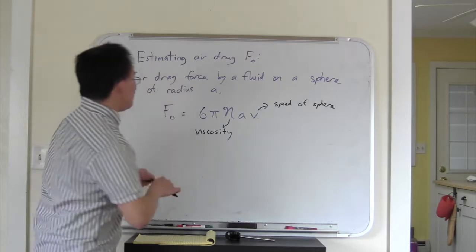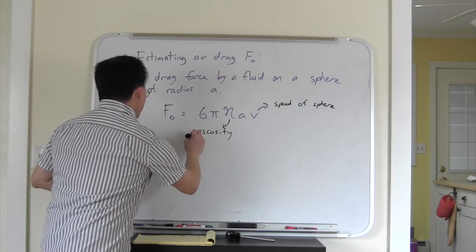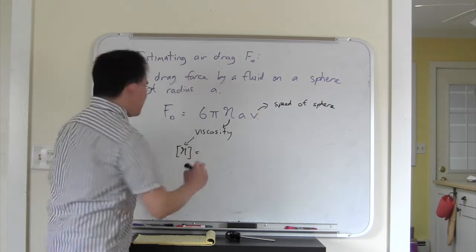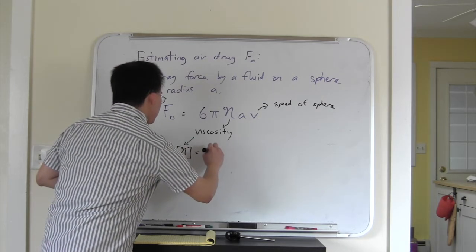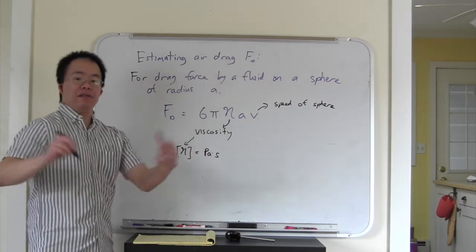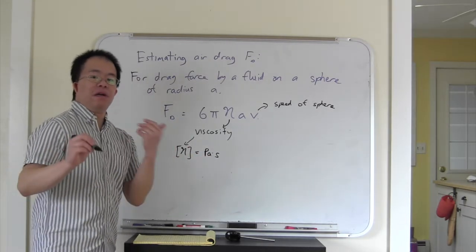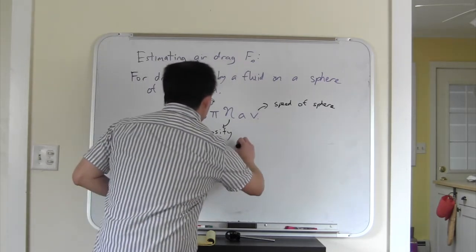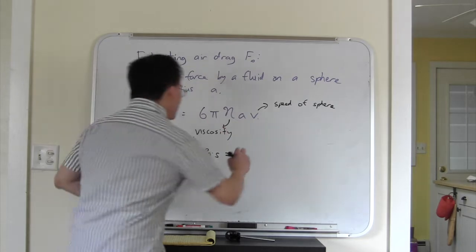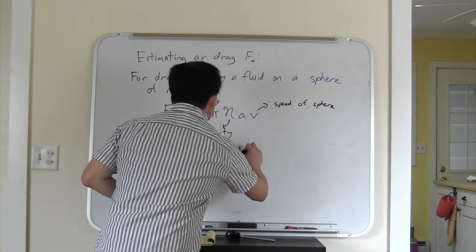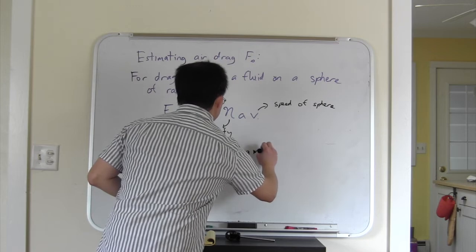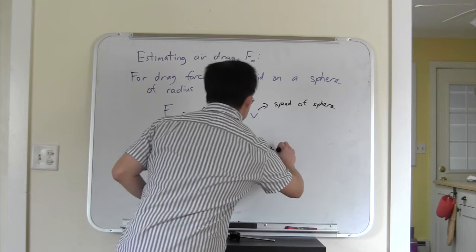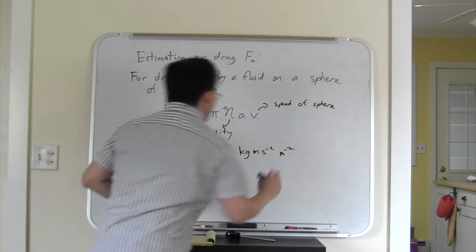The units of viscosity. So the units of viscosity are Pascal seconds. And a Pascal is the unit of pressure, so it's a force per unit area. If I were to unpack this a little bit more, it's force per unit area, so that's a Newton, which is a kilogram meter per second squared, over area, so that's meters to the -2.